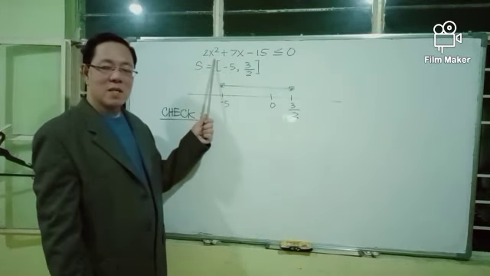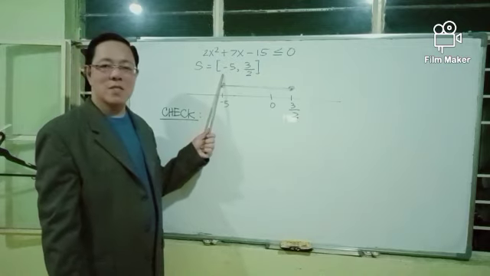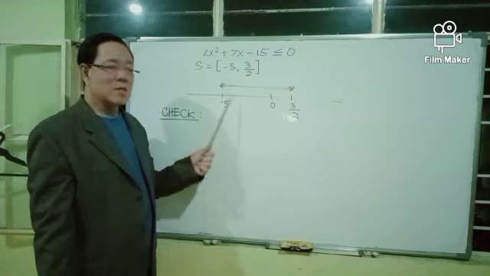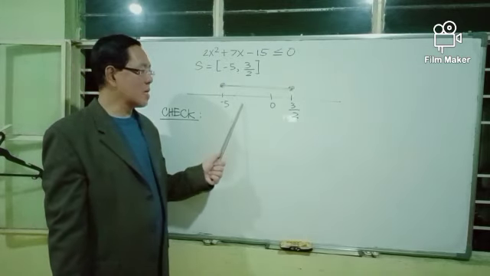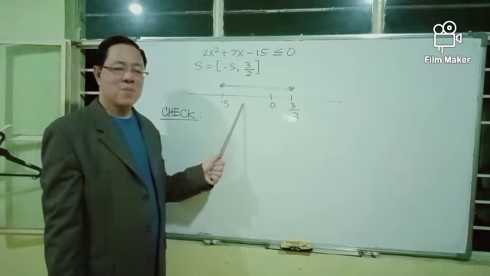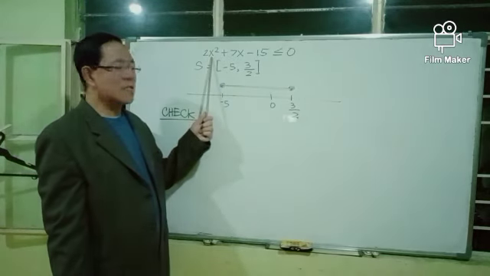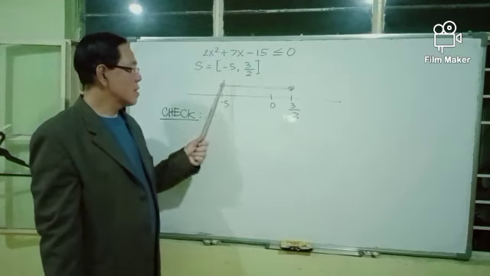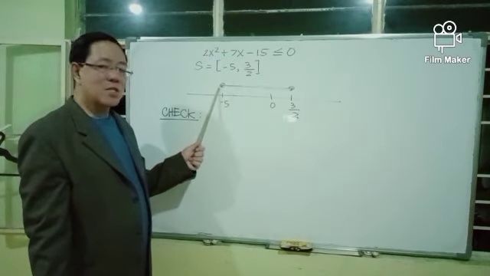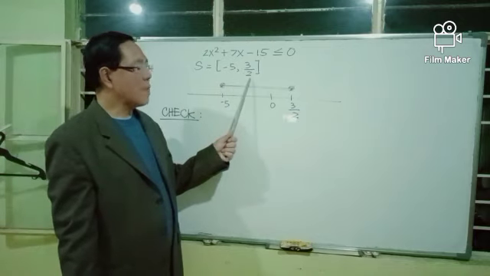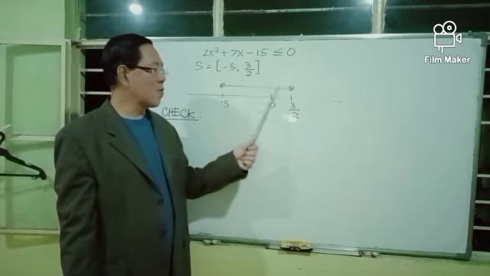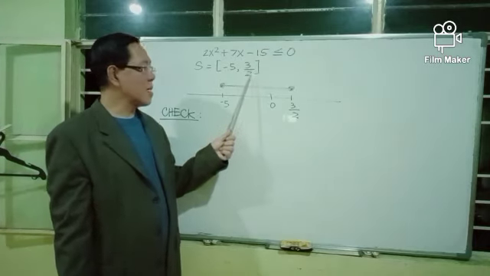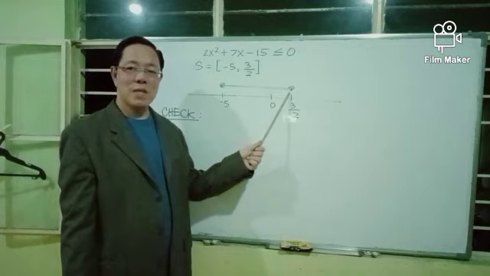And for this particular example, our solution is the closed interval -5, 3/2. And the solution is represented by this diagram. The solution of this quadratic inequality is the set of real numbers from -5, indicated by this shaded circle, up to the real number 3/2, because we have a closed endpoint at the right, which means 3/2 is a solution.